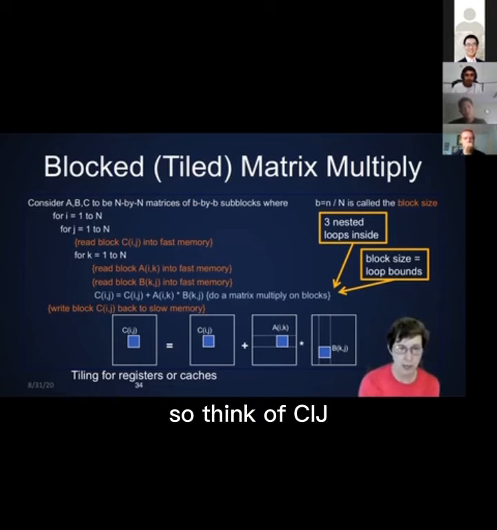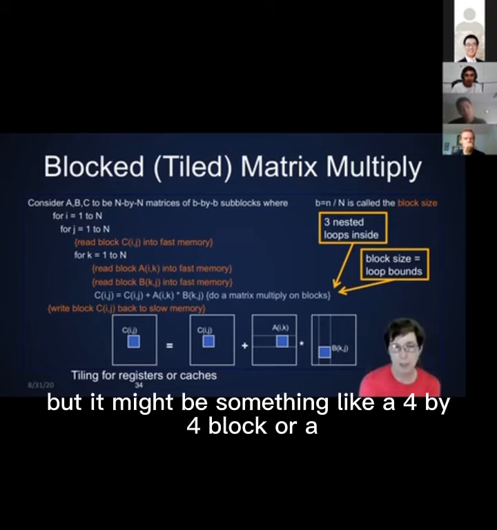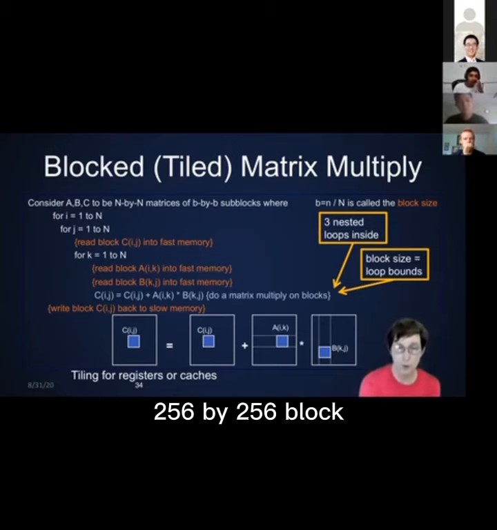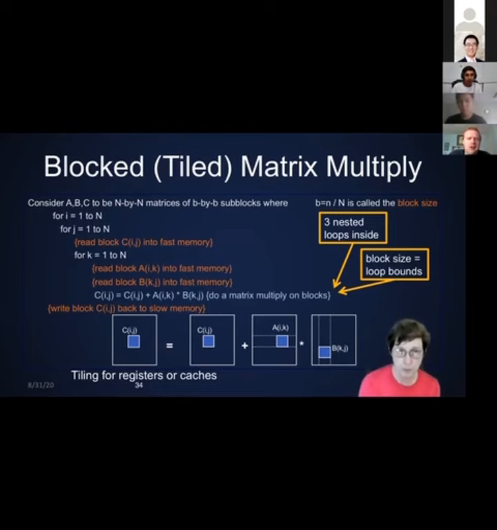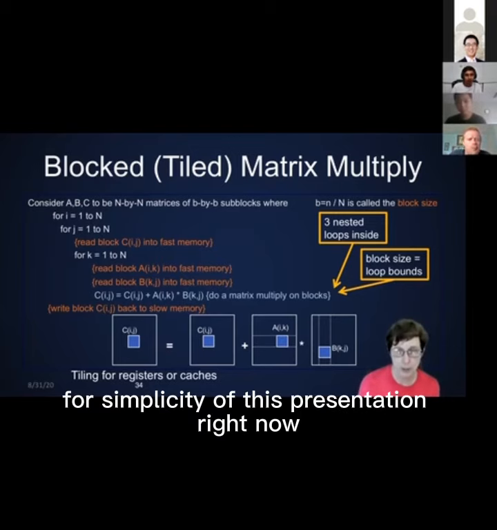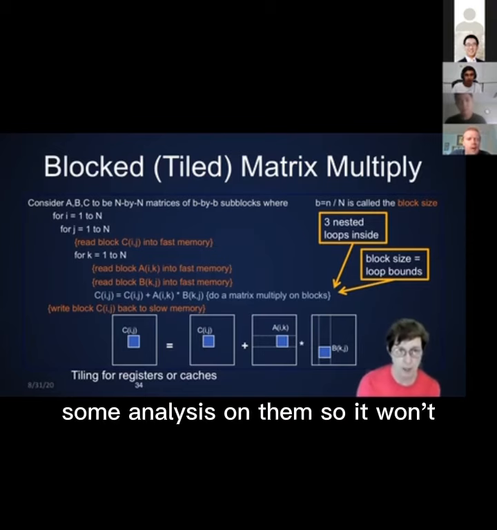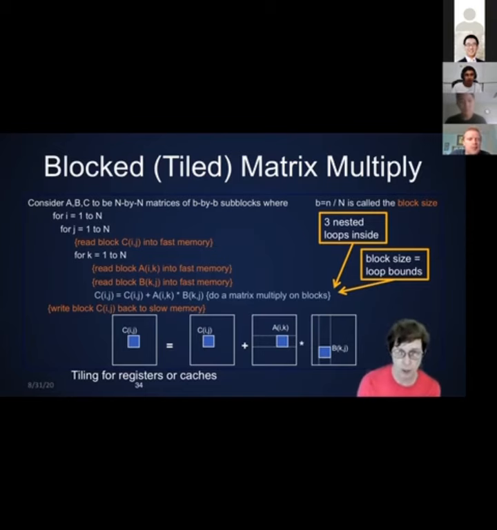So think of Cij, this little blue block, is not a single floating point number, but might be something like a 4x4 block or a 256 by 256 block. In general, these blocks don't have to be square, but we'll just assume they are for simplicity of this presentation, and we're just going to do some analysis on them, so it won't matter.